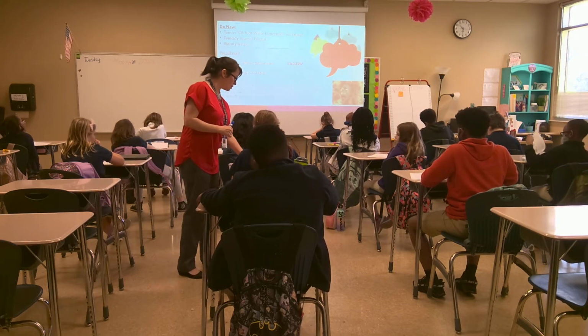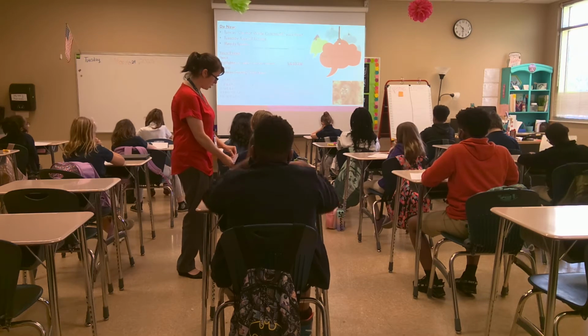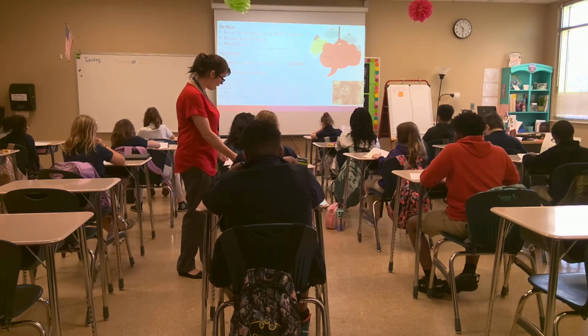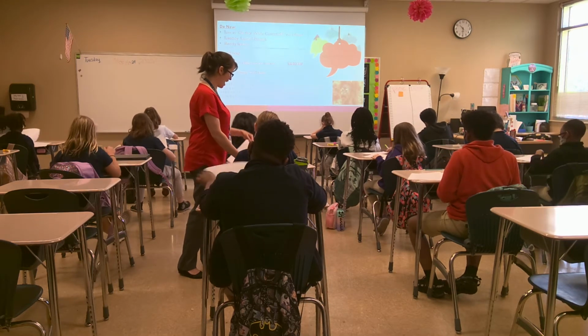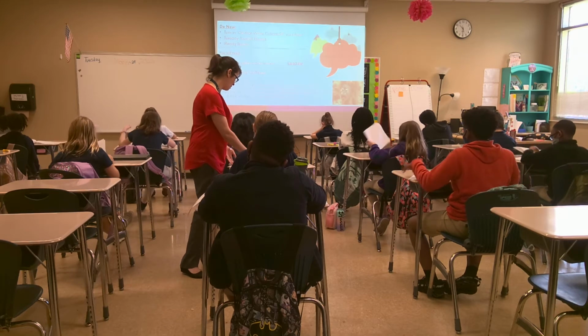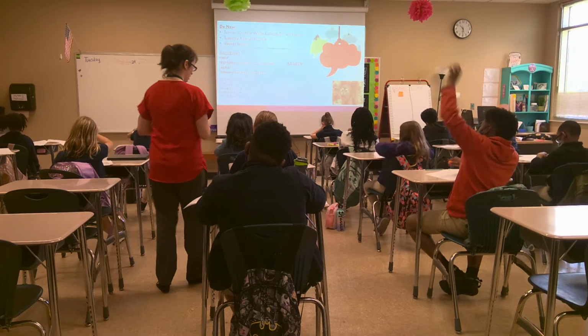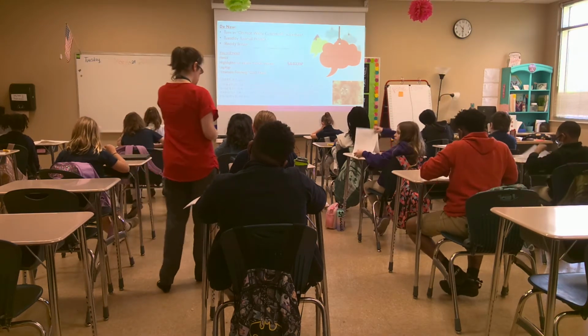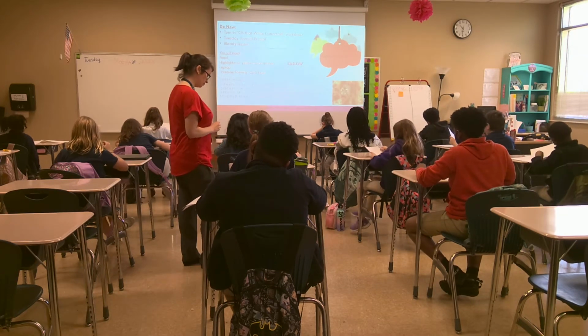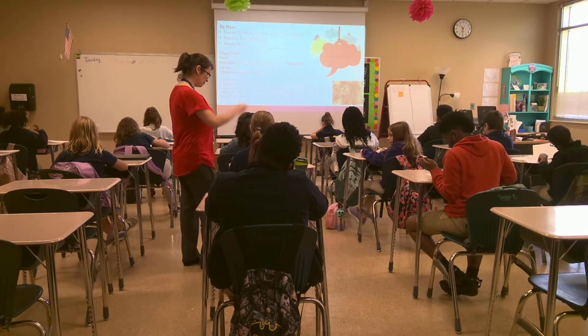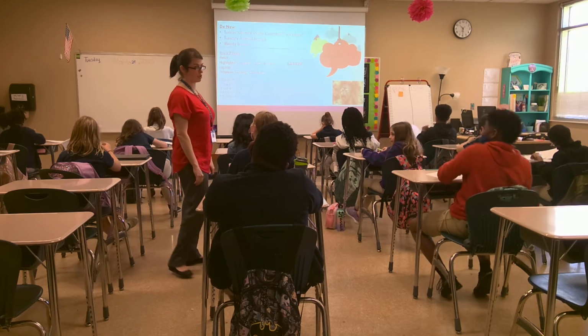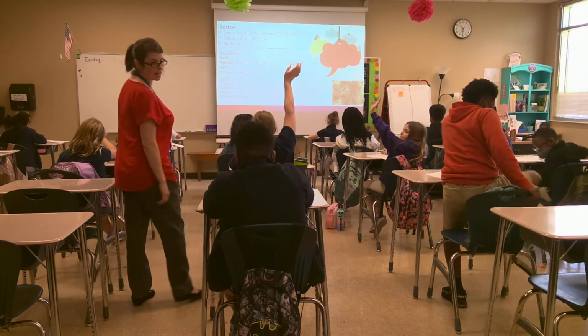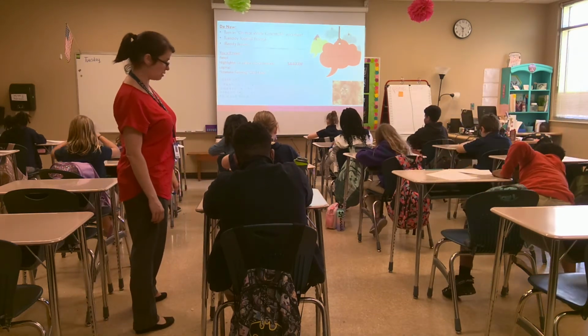Okay, so let's take a look at the questions. Let's go to number 5. What is the main idea of the text? They want to know the main idea of this one, so let's highlight and underline MAIN IDEA. It's in all caps.